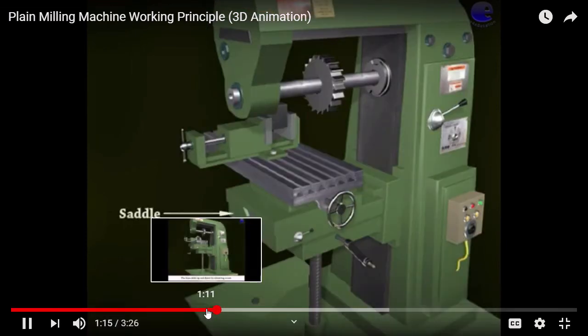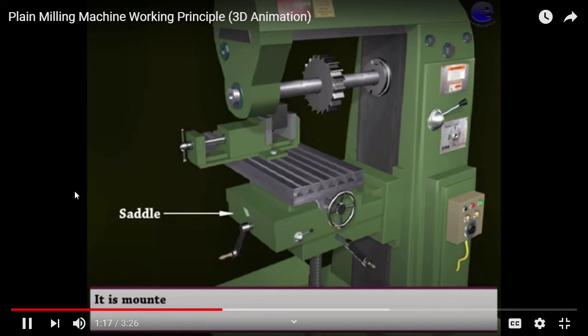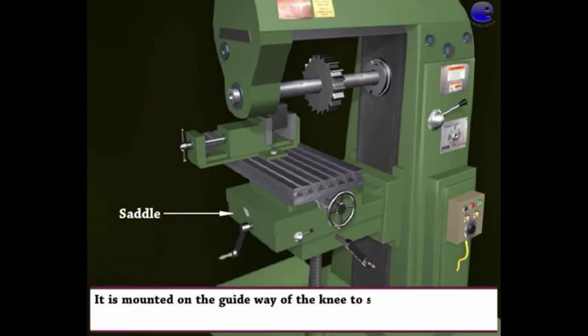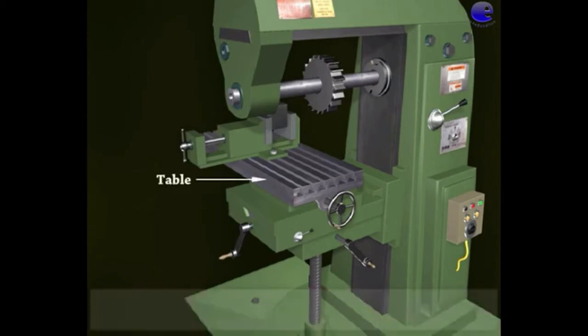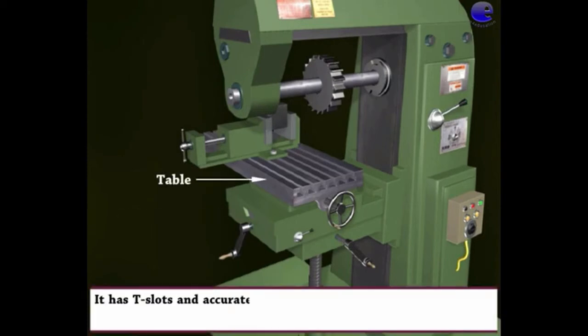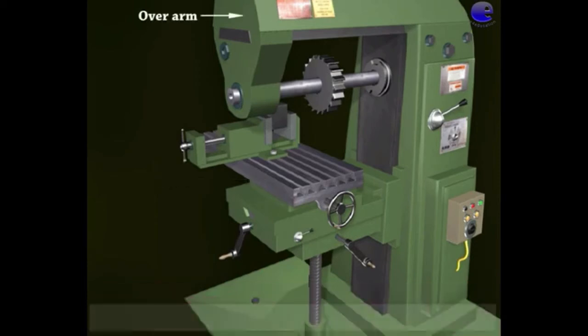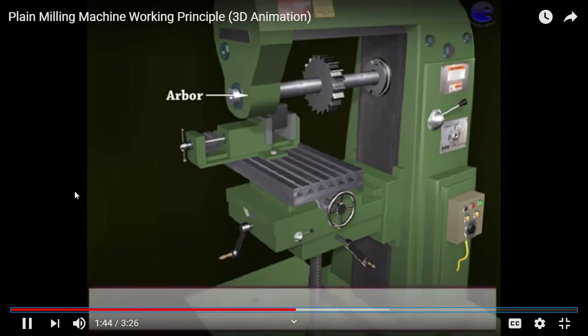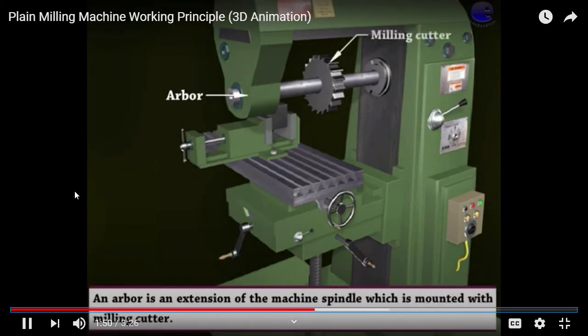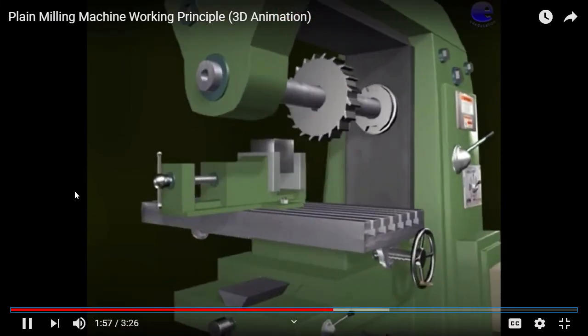Here I wanted to show what the parts are. So that is the table, that is the overarm, that is the arbor, and that is the cutter.